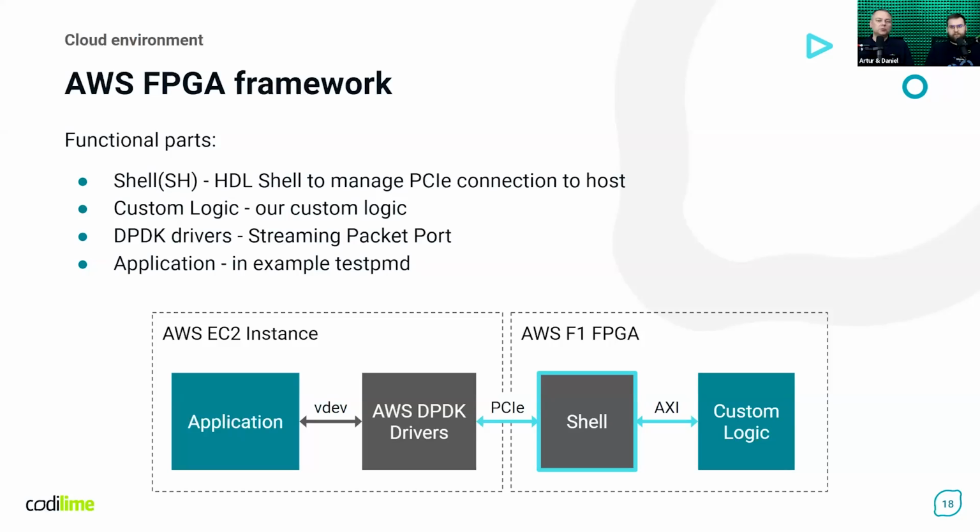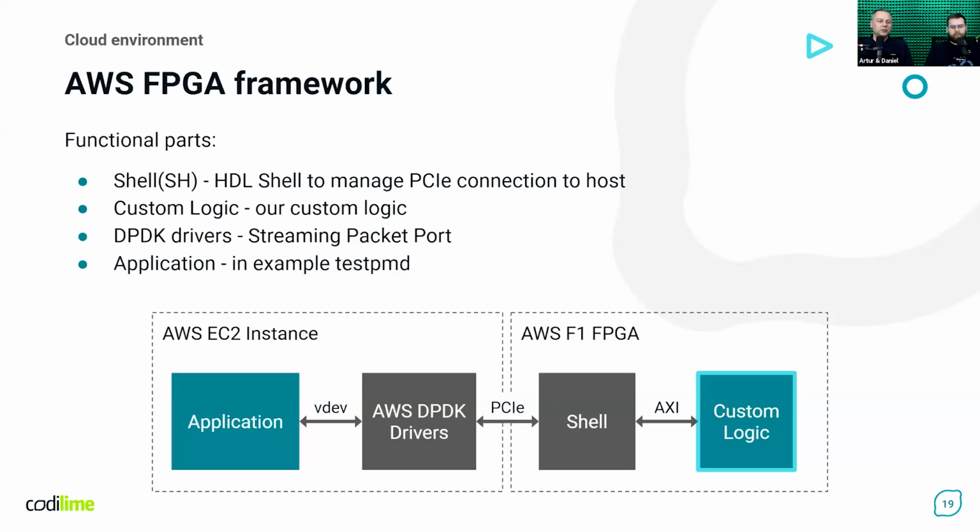Shell is responsible for management of the PCI Express connection, external memory access, and recognition of the device on the system. It also provides AXI interfaces to our custom logic. AXI stands for Advanced Extensible Interface. It is an on-chip communication bus protocol. It specifies signals which control data flow between digital blocks.